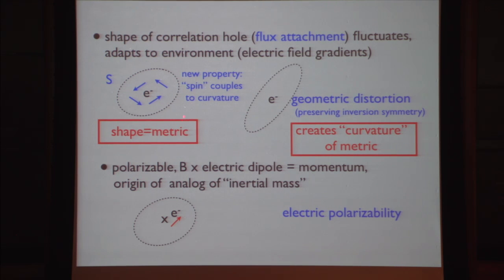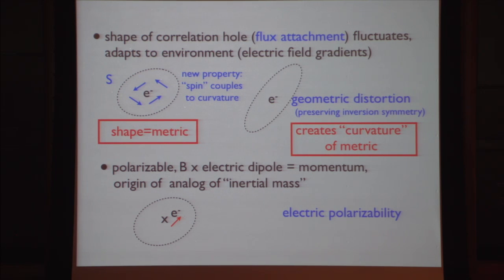And there's a second degree of freedom in this problem, which you can also think of, at least thinking about solids, at least ionic solids. So there's a second degree of freedom, independent of changing the shape of the correlation hole, which is displacing the charge relative to the center of the flux.